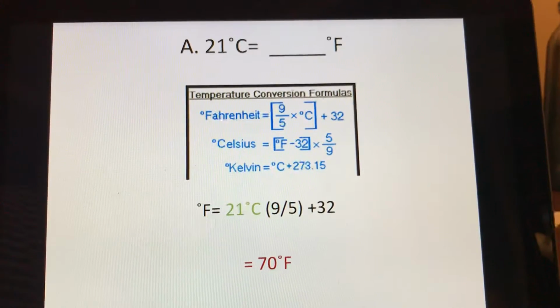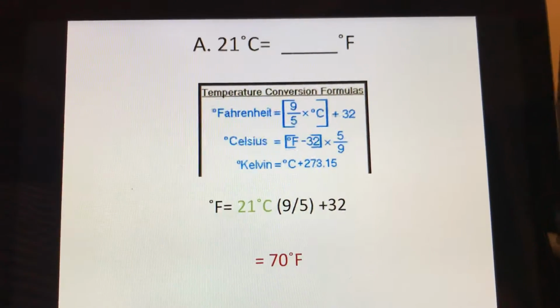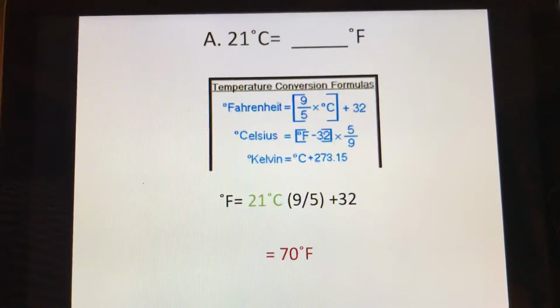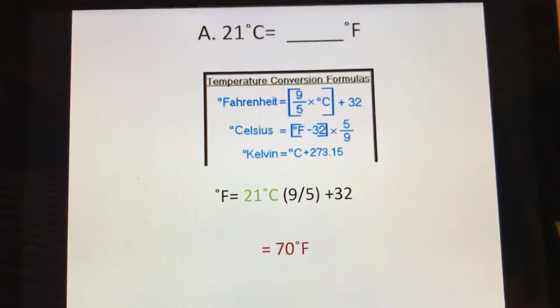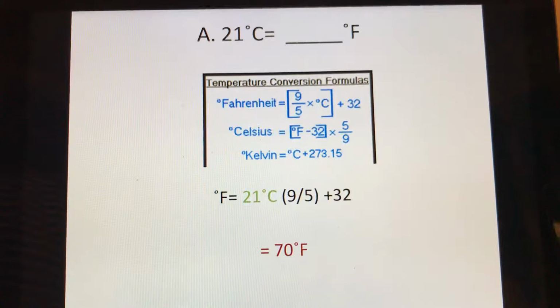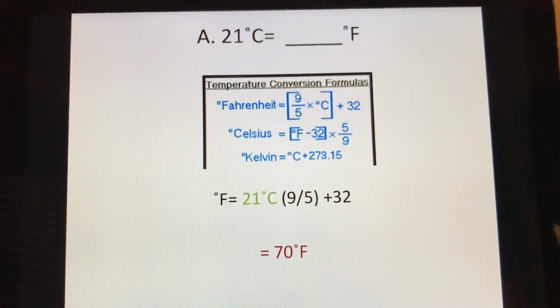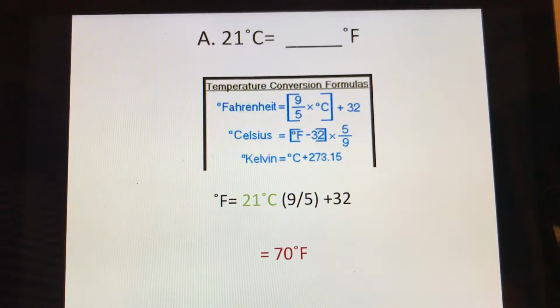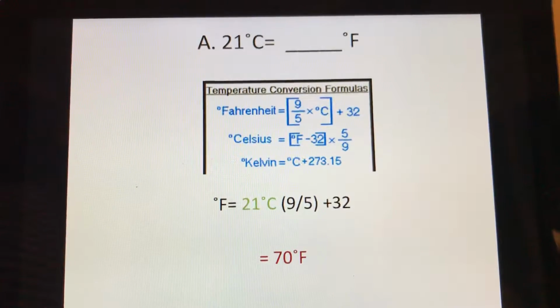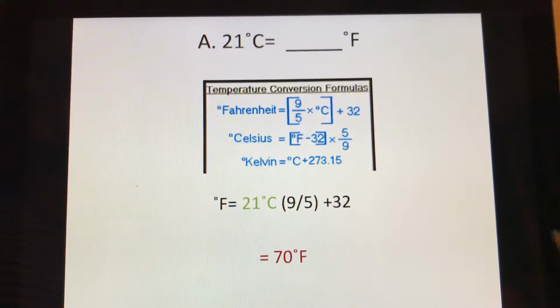Using the table, we plug in 21 degrees Celsius times 9/5 plus 32, which gives us the answer of 69.8, which we round off to 70 degrees Fahrenheit.